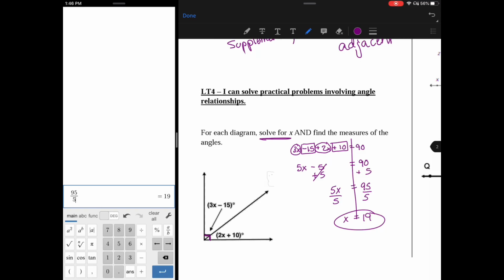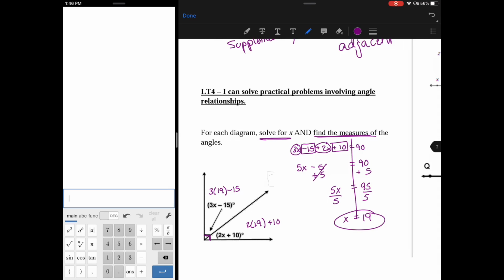So I've solved for x, but I now need to find the measures of the angles. So what I do is I take this x equals 19 and I plug it in to the original equations. So instead of putting x, I'll put 19 in parentheses. So 3 times 19 minus 15, and 2 times 19 plus 10.